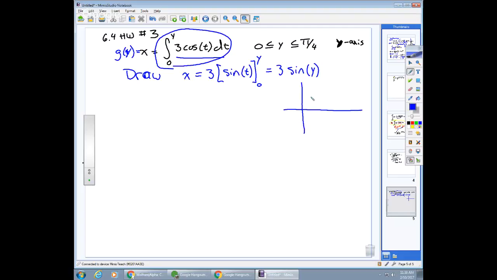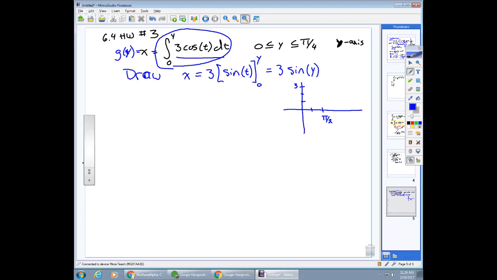So if I say 1, 2, 3 is right here, and then that's about 1. Pi over 4 would probably be about right here on the same scale. Pi over 2 is about here. Oh, I'm going the wrong direction.